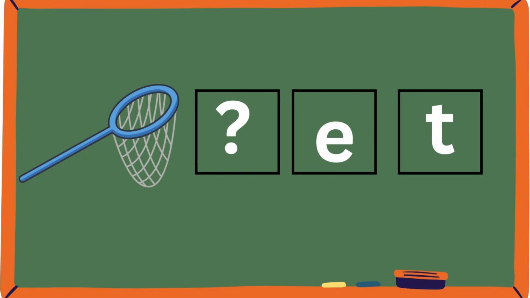Silly me. So, if it's a net, what letter makes the N sound? N-et. Oh no, I can't find out the letter. Can you guys help me? Wait, it's N? You're saying it's N? Oh, okay. Is that it? Yes, it is. Wow, you guys are really smart.